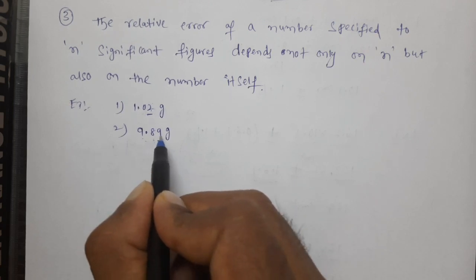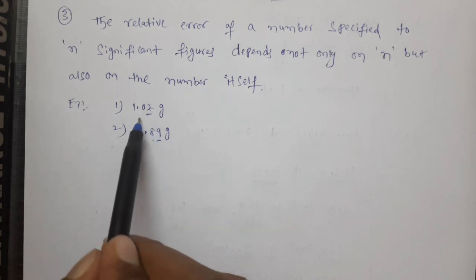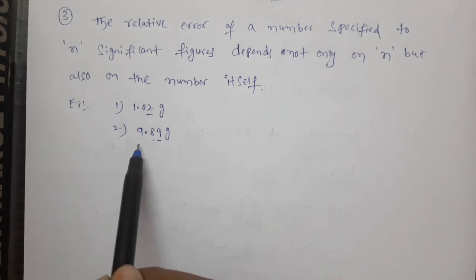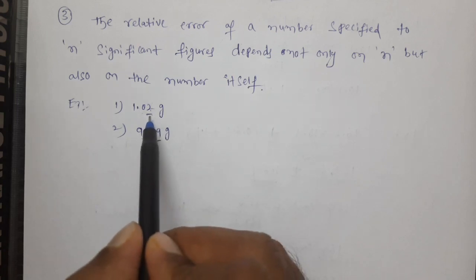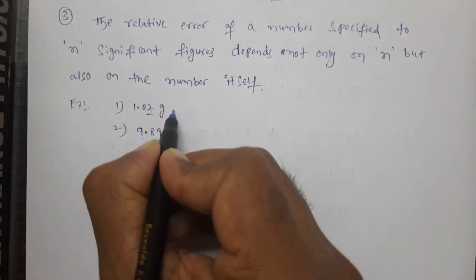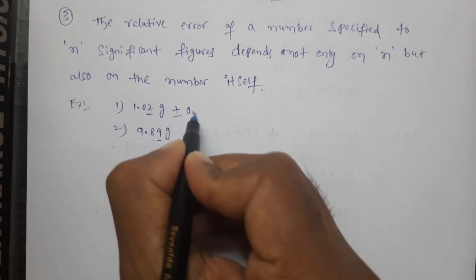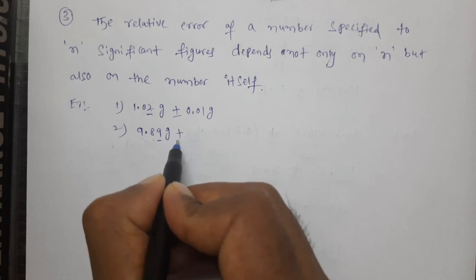That means in both measurements, how many significant figures are there? 3 significant figures. And here also 3 significant figures. And what is the error in both cases? Here the error is 0.01. I mean 1.02 grams can also be written as plus or minus 0.01 grams, and 9.89 grams can also be written as plus or minus 0.01 grams.